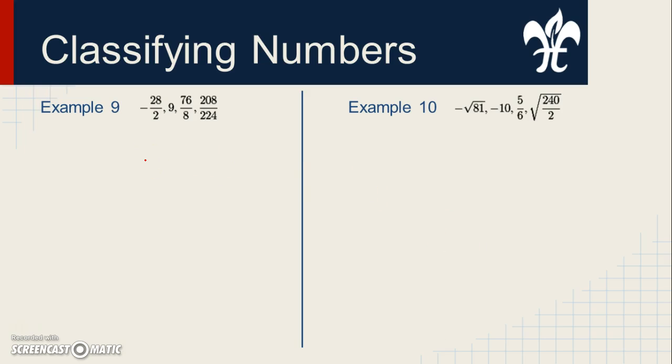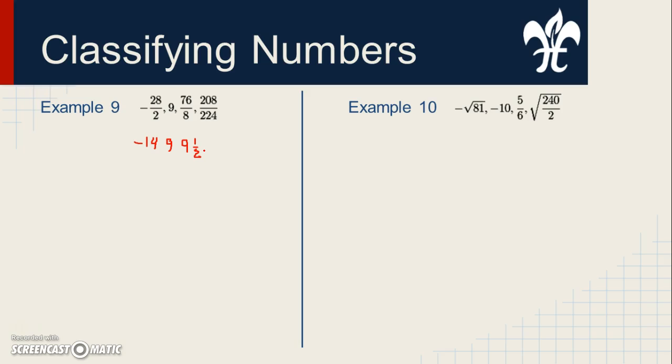Example 9. 28 divided by 2 is negative 14. Then we have 9. Then we have 76 divided by 8. 76 divided by 8 is 9.5. So this stays kind of as a fraction, but we'll just call it 9.5.